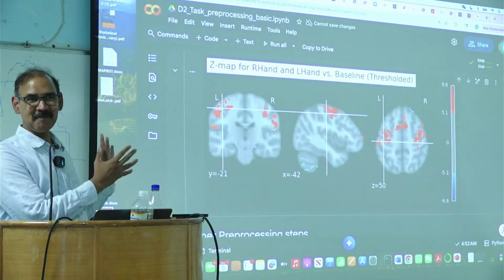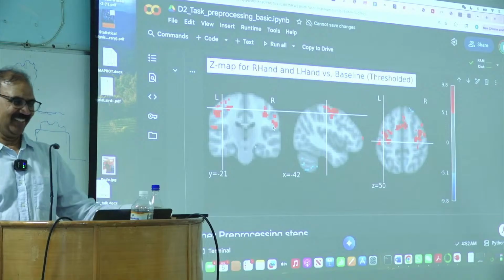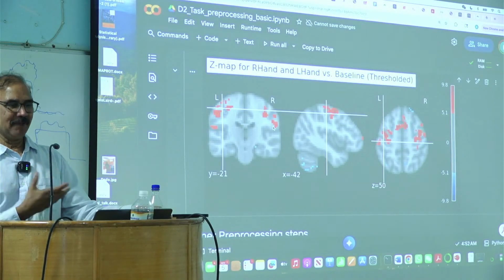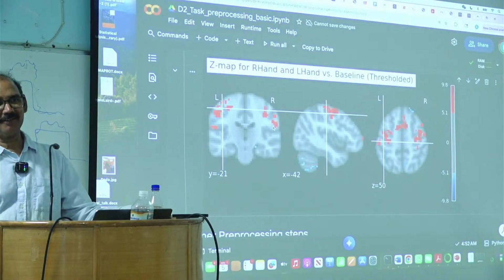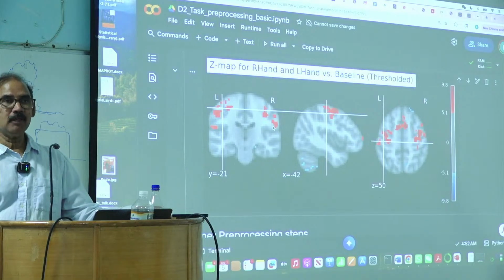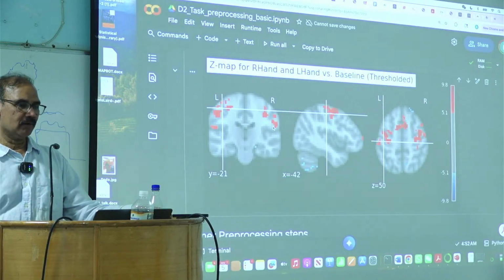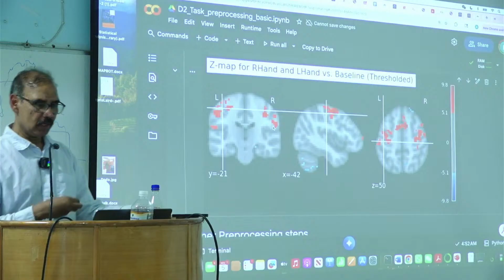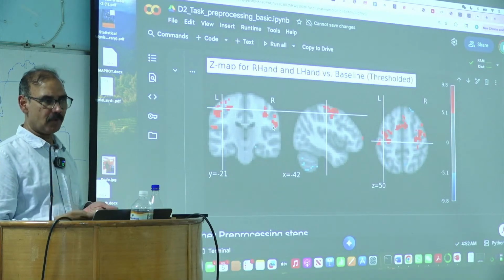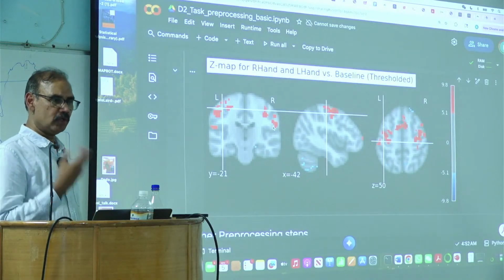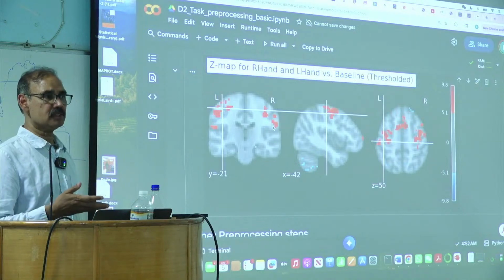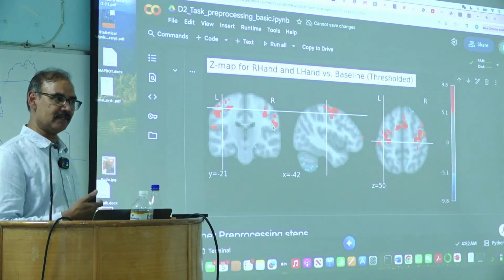wow, such clear picture, right? So what do you think may have happened here? So maybe you have more type 2 error now, right? So you have not many false positives, but what you may have done is threw away many voxels which were really active.